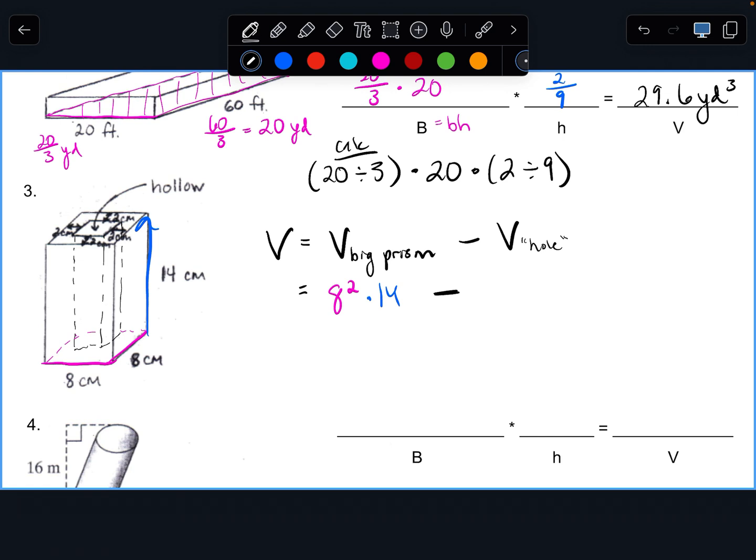Now, the dimensions of the little guy is a little weird, but if you do a bird's eye view, maybe, to think about it, of that top, it's like a picture frame kind of, maybe. So this is like the top, bird's eye, right? So it's 8 by 8, but then all the in-betweens are 2.